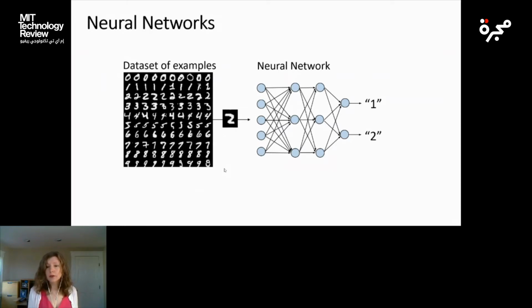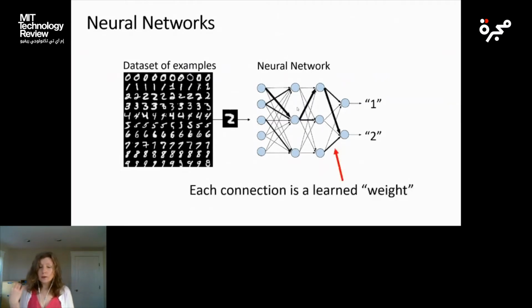But these are artificial neurons, so you'll see essentially layers of neurons. Each of these neurons multiplies its inputs by some weights, which we think of as synapses in the brain that connect neurons, and then it predicts the output.